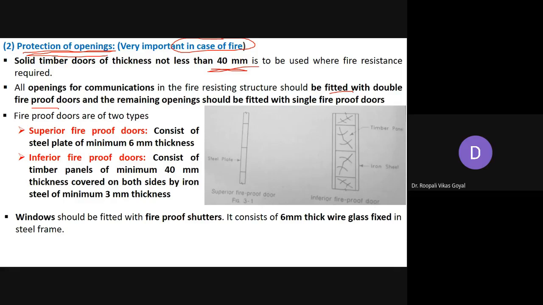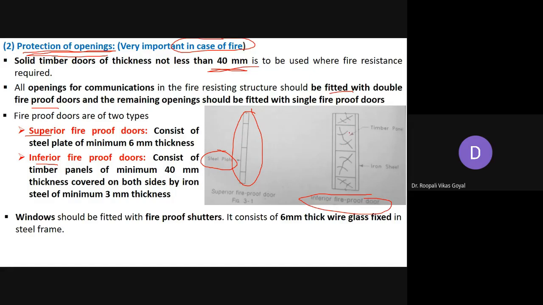So whenever we are talking about fireproof doors, there are two types of such doors. First is superior quality and second is inferior quality. This figure shows the superior kind of fireproof door, which consists of a steel plate. So steel के door होता है, which has a minimum 6 mm thickness. And the inferior kind of fireproof door consists of a timber panel.